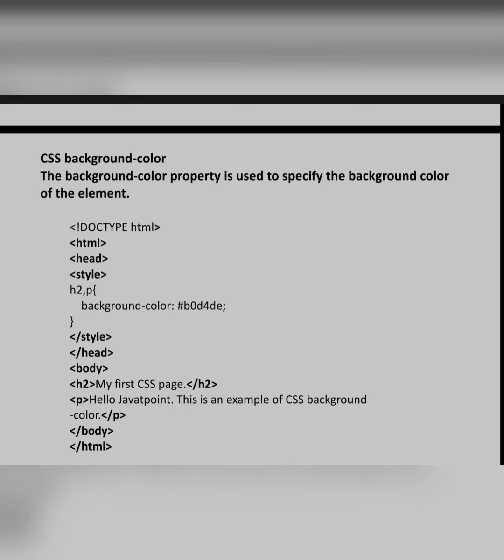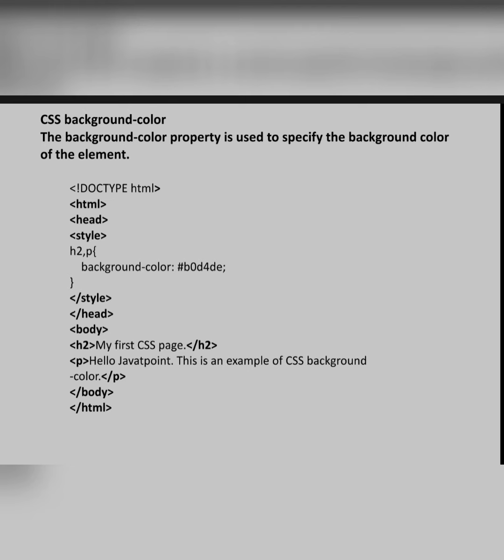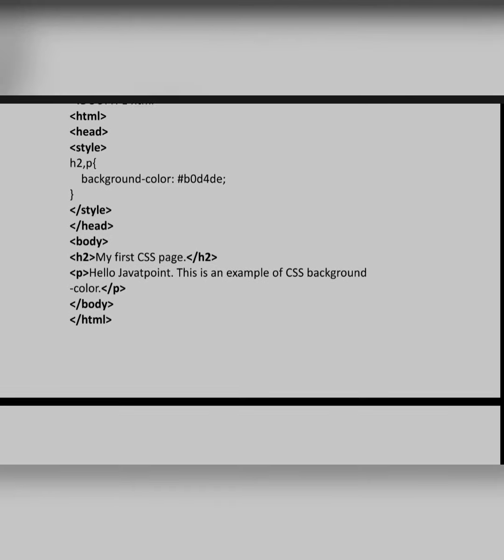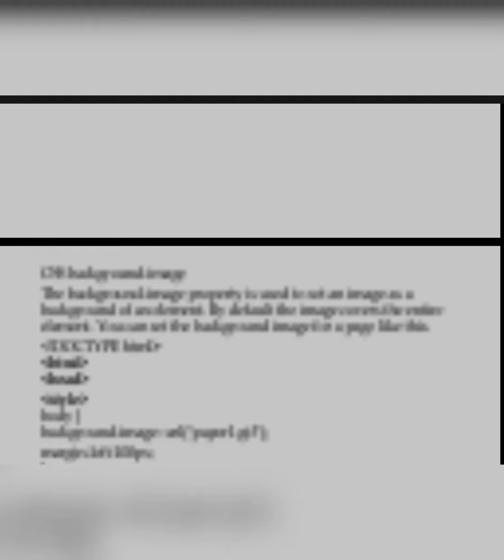Doctype html, html, head, style, h2, p. This is the cascading style sheet which we include with the HTML. This is the background color. Style, head, body, h2, p, body, html.